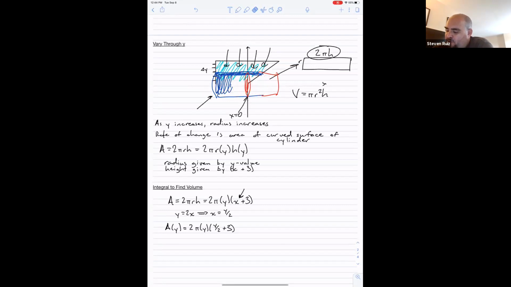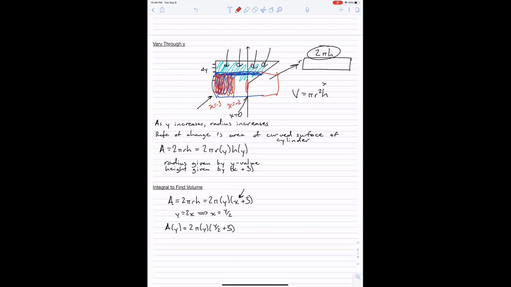Let's go in reverse this time. If I had this cylinder here, and I called this point x equals -2, what would the height of that cylinder be? Remember, it starts at x equals -3. So it would just be 1, yeah.